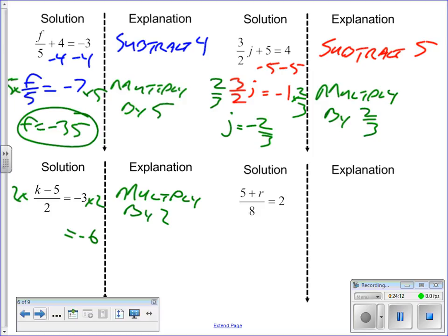Not very often, but I have seen it. Multiplying by 2 strictly cancels out the denominator. The k minus 5 still stays k minus 5. It is not k minus 10. The 2 cancels out with the entire denominator. That's what we're trying to do here. So I end up with k minus 5 equals -6.